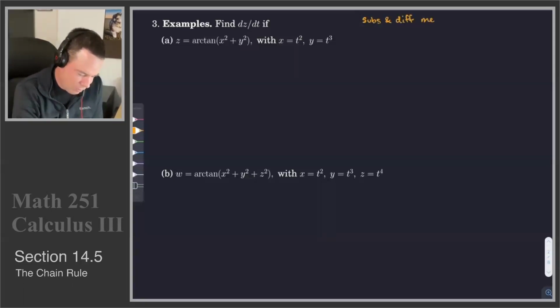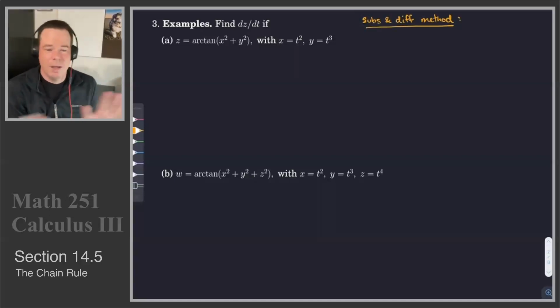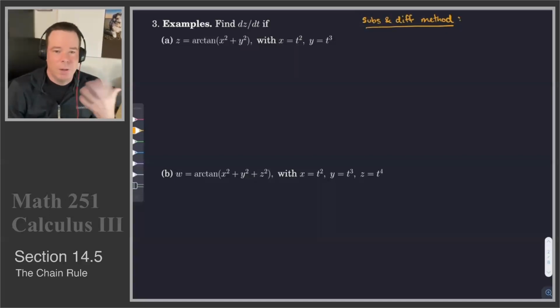We'll do that first because this is maybe the obvious way to deal with this. Pretend you didn't know anything about partial derivatives. Pretend you're sitting in calculus 1 and you're asked to find dz dt. Well, this would be the technique you would probably use.